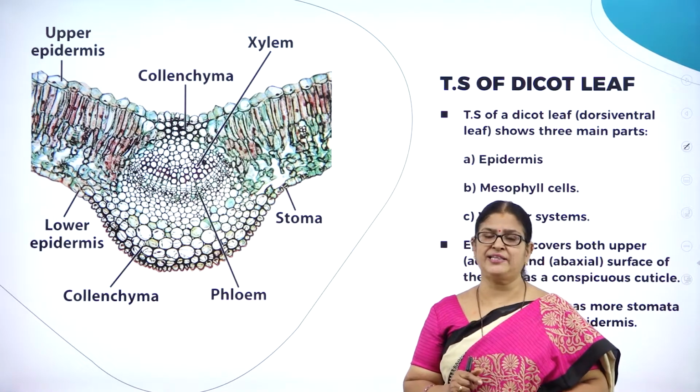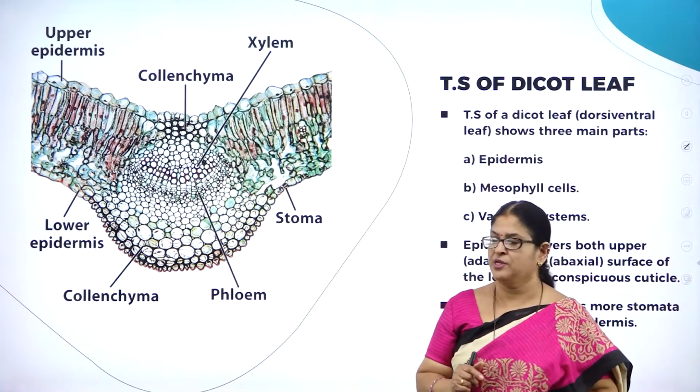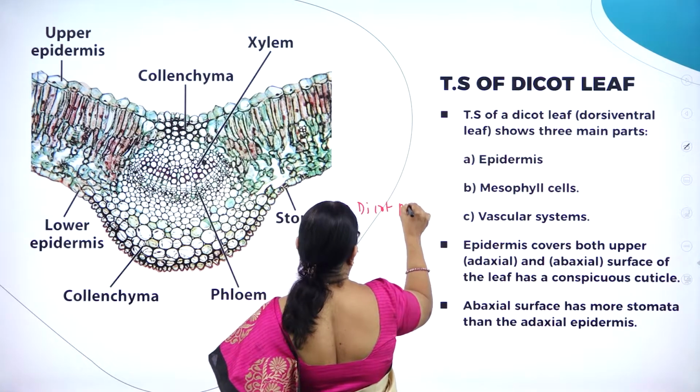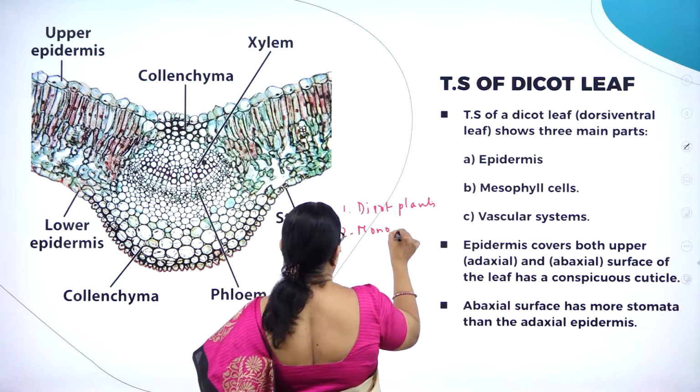As we all know, plants are of two types, that is the dicot plants and the monocot plants.